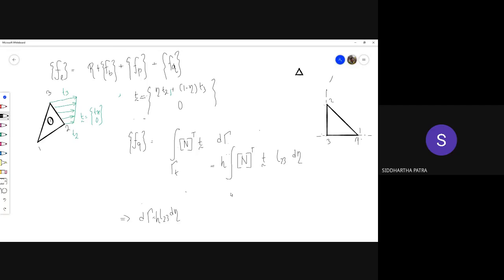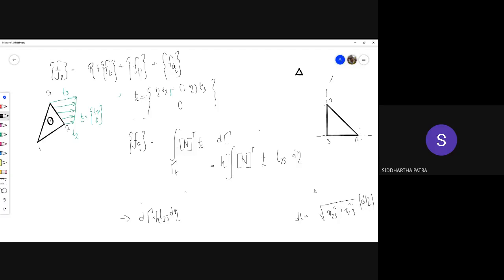Which means, you see, I got dl, which has to be a positive quantity. I got that as square root of x23 squared plus y23 squared. Then I am supposed to get the absolute value of d eta, because that also was part of the square terms. Then we took it out of the square root. So I'm supposed to get the absolute value.